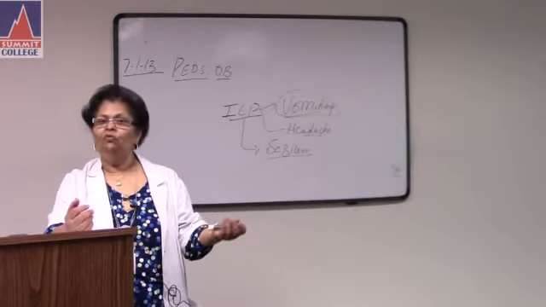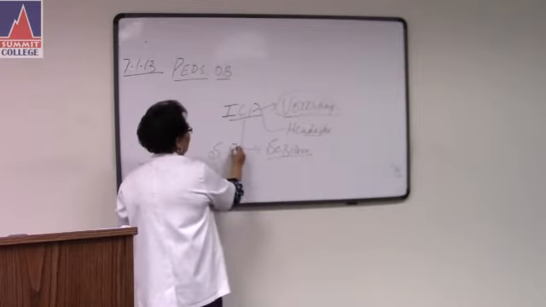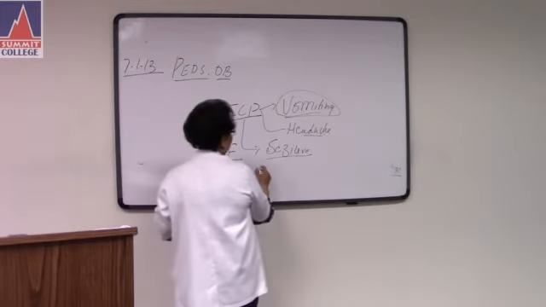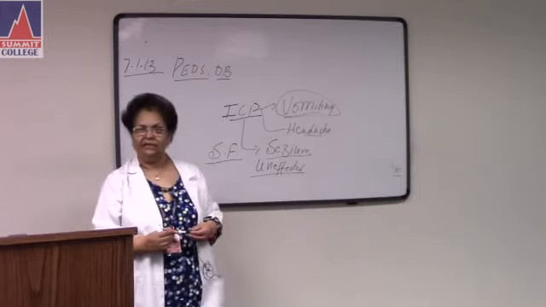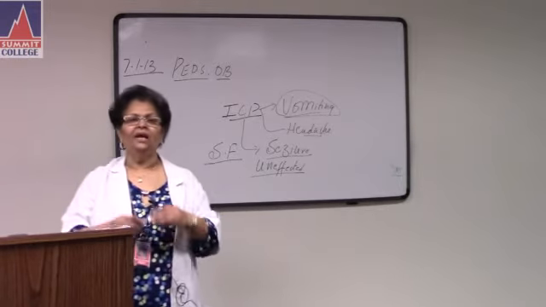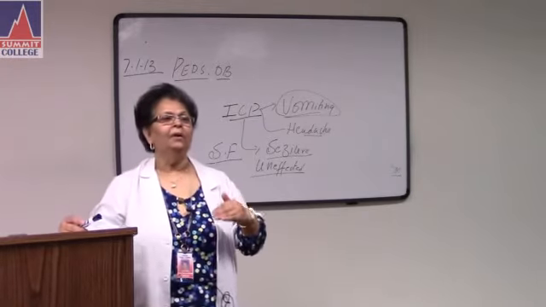What position do you put the baby? Keep them on the back when they come back. But if ICP goes up in your question, then what position do we use? Semi-Fowler's. And what side do you turn? Unaffected side. So make sure you add it, unaffected. If they're saying the shunt is on the right side, you can turn them on the left side and you can keep them on the back.